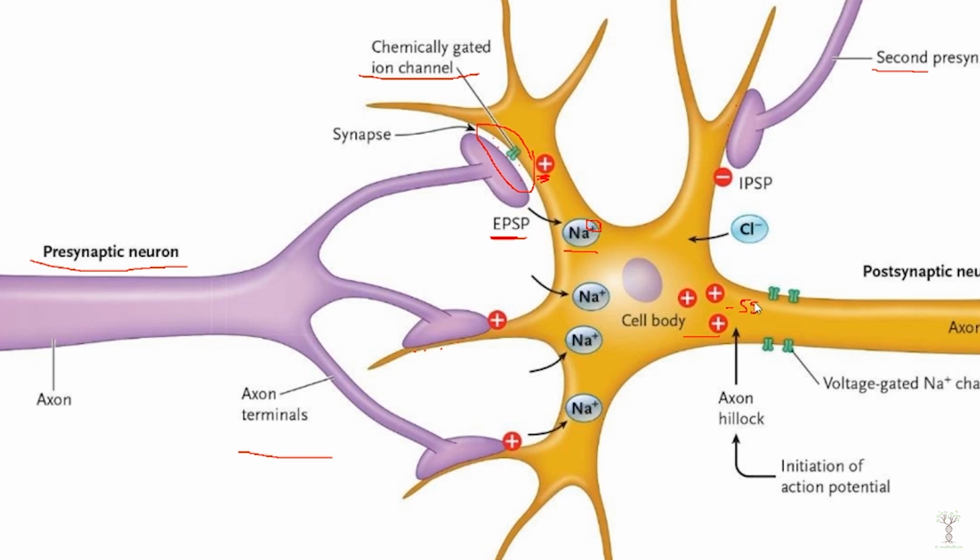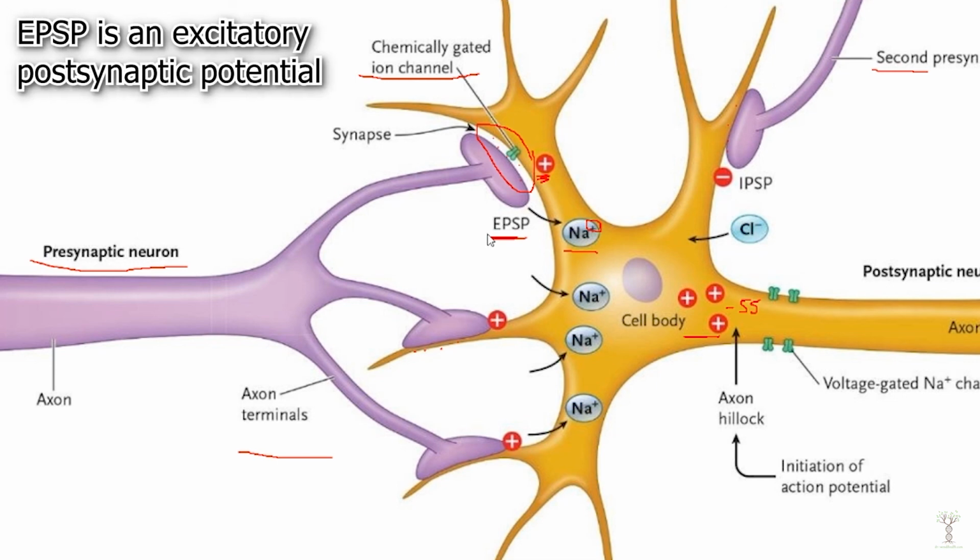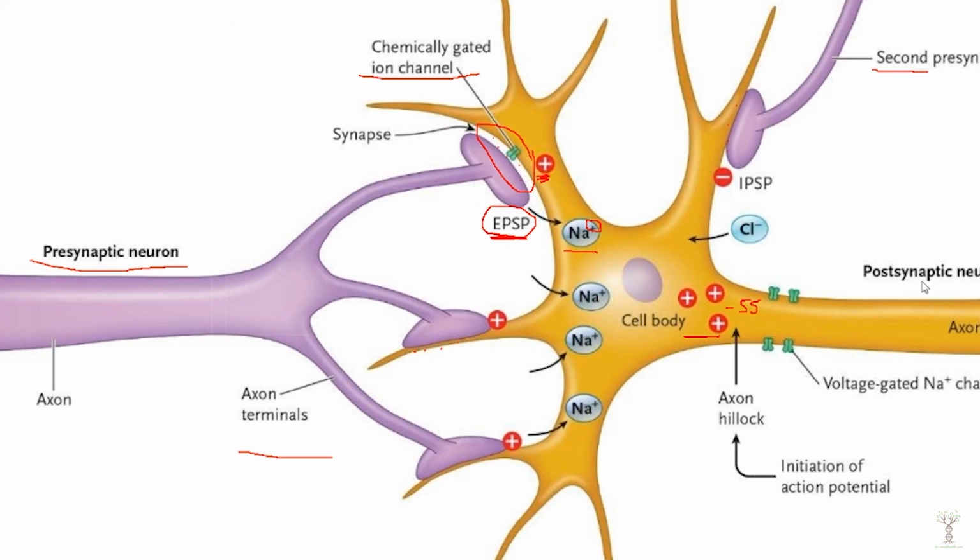So when we add positive charges into the cell, that will promote an action potential. So when we change the charge of the cell to positive, we call it an EPSP, or an excitatory postsynaptic potential.